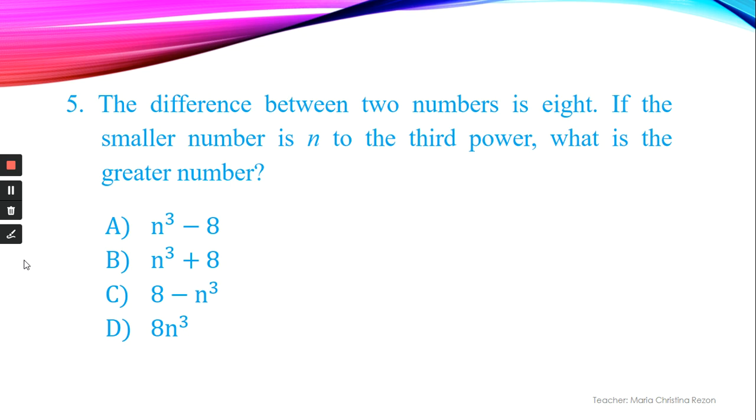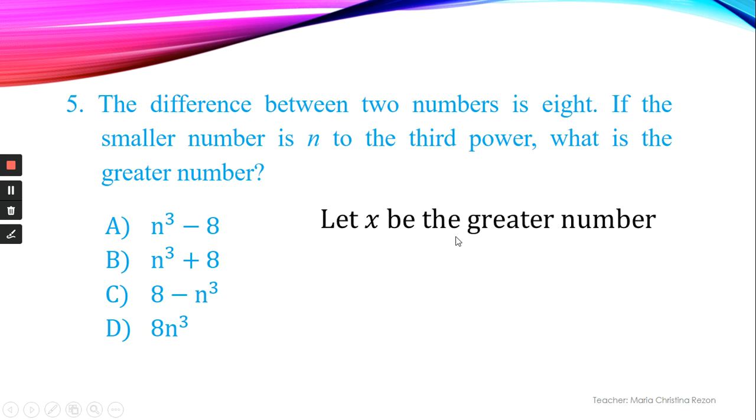The difference between two numbers is 8. If the smaller number is n to the third power, what is the greater number? Now this one, we have the difference, which is a result when you subtract two numbers. And then we are given that the result is 8.